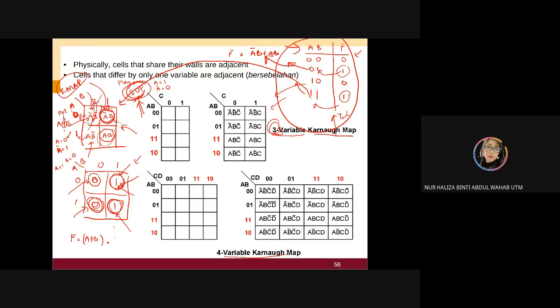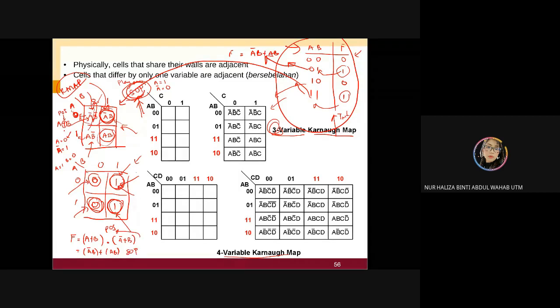So your Boolean expression for the other one is A bar plus B. So this is POS. Just now you got your SOP as A bar B plus AB. SOP, POS. How are you going to play around with your KMAPs?